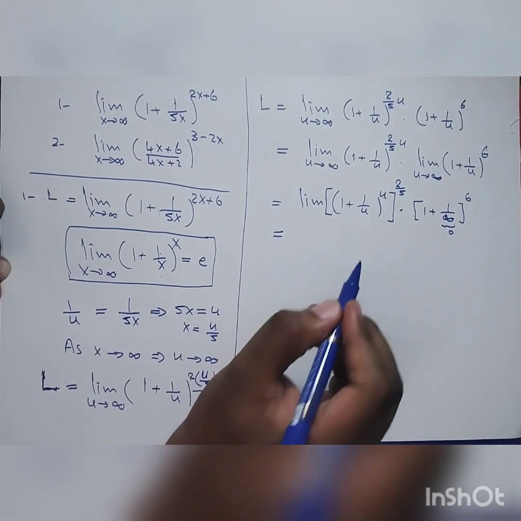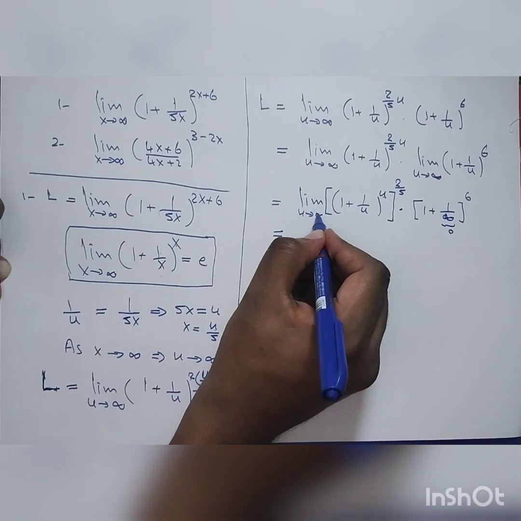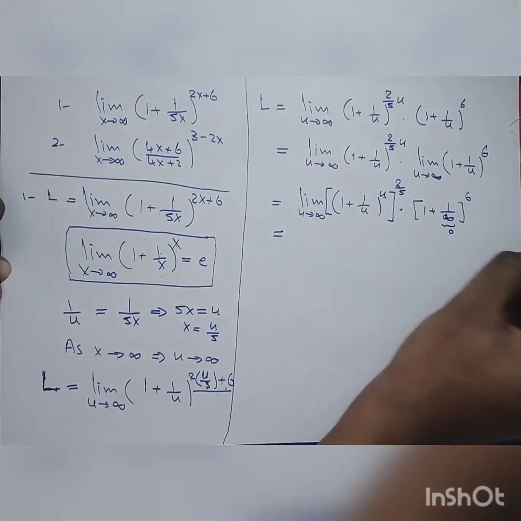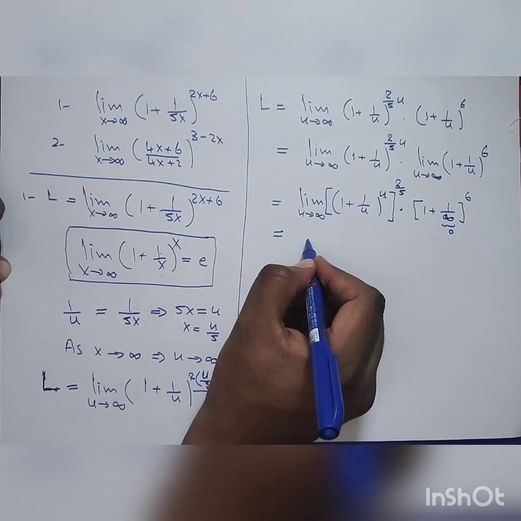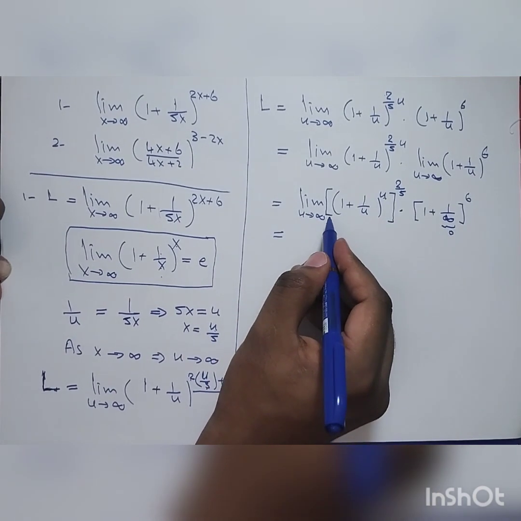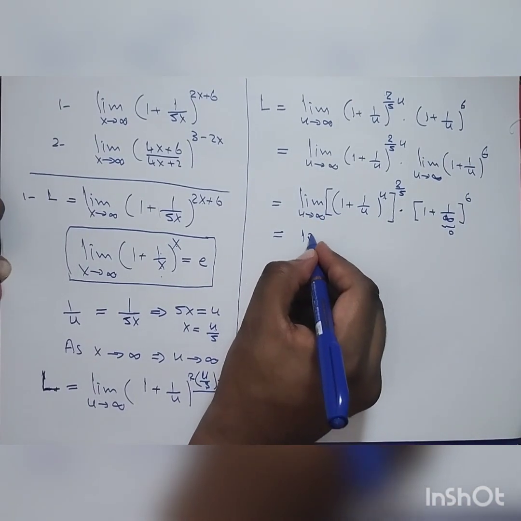So now let us see. This limit here is as u approaches infinity. This factor is already 1, so we don't need to care about it. We know that whenever you have such a limit, you can put the limit inside.